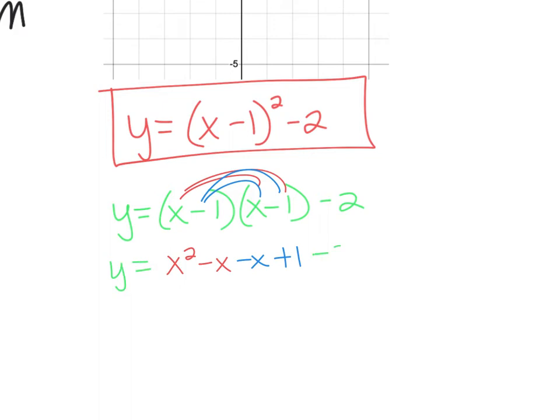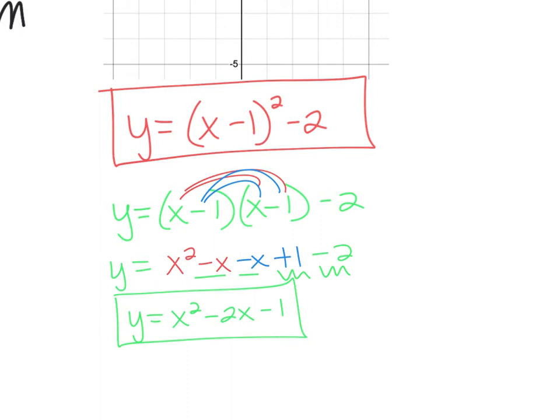I'm going to bring the rest of that stuff down. Now it looks like we're really close to being done. There's no parentheses. We just need to clean it up a little bit. So combine our like terms. So we have y equals x squared, negative x minus x would be negative 2x, and then positive 1 minus 2 would give you minus 1. Okay, so that's what it is in standard form.